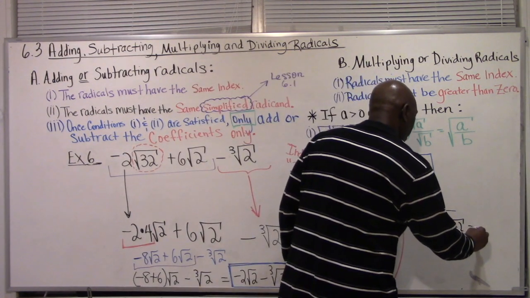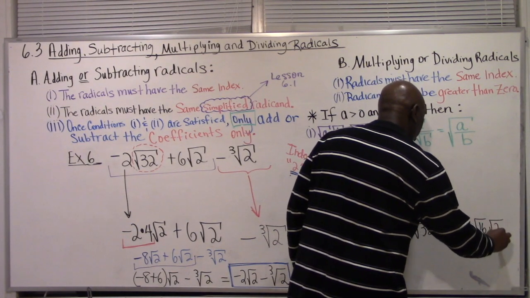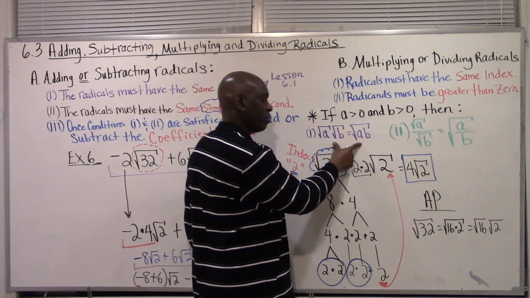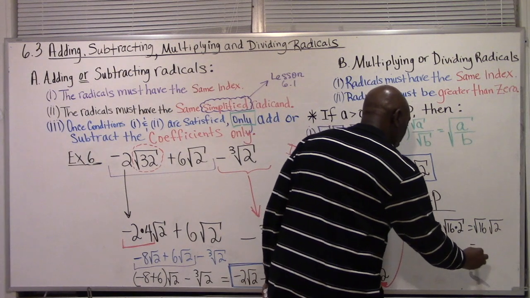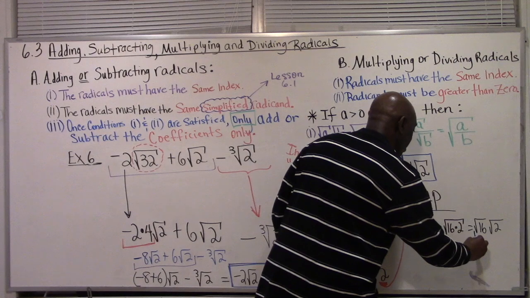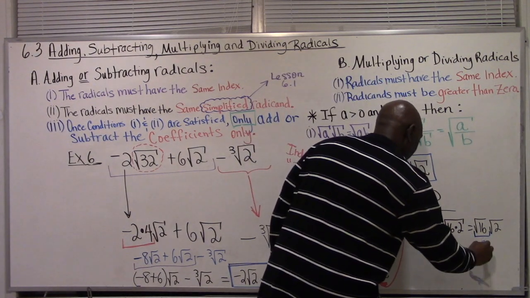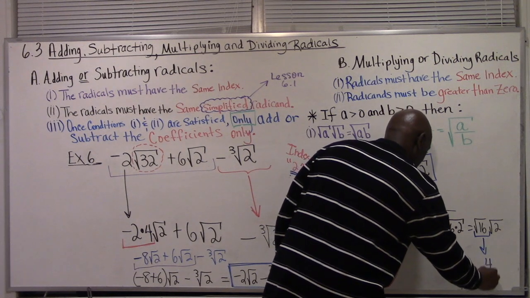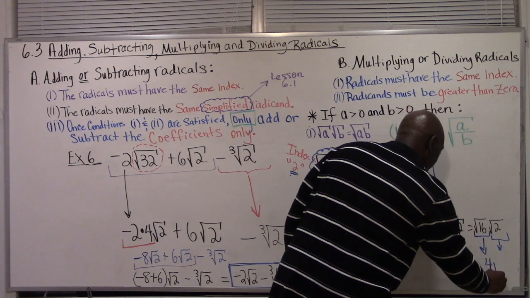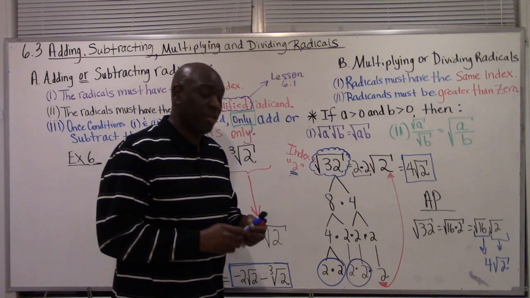So that's going to be radical 16 times radical 2, which is this rule right here in purple, which equals, what is the square root of 16? 4. So bring down the 4. Radical 2, leave it the way it is. Bring it straight down. And there you go.